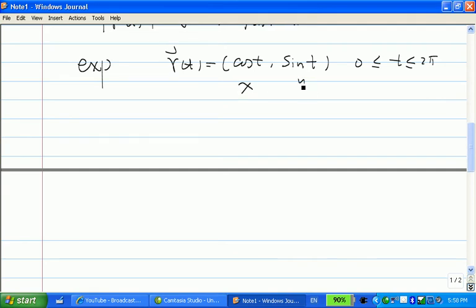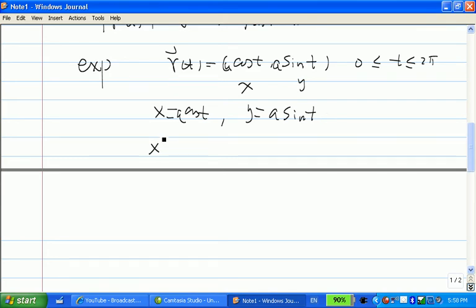You can do something, get rid of t. So this means x equal to cosine t, let's put a here, okay, sorry. Put a here. x equal to a cosine t, y equal to a sine t.